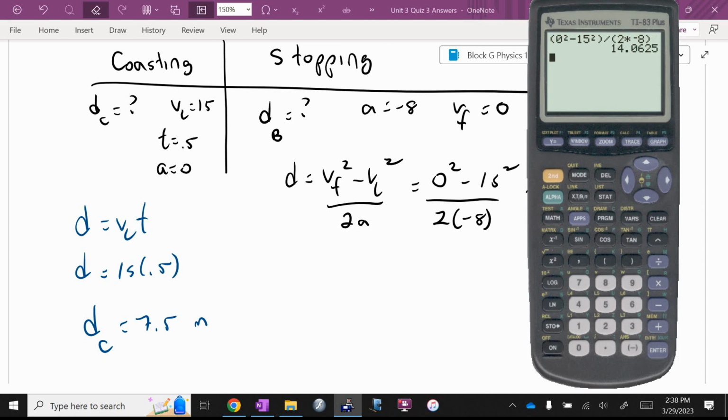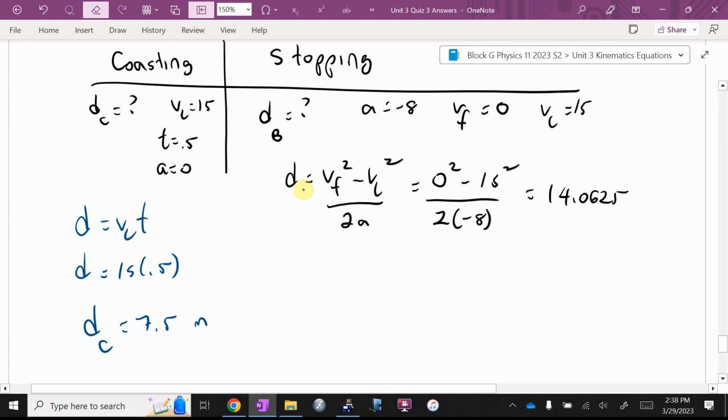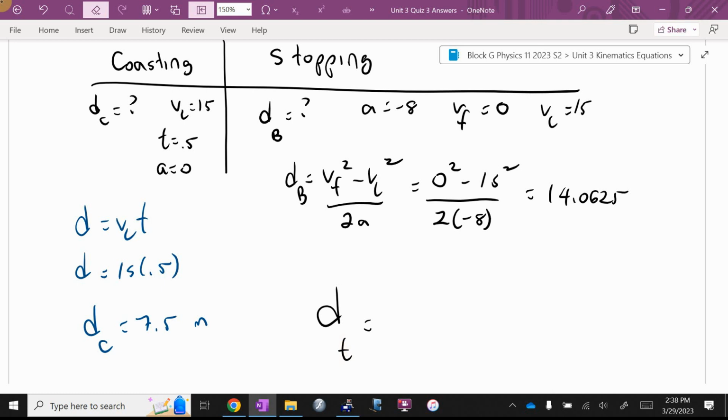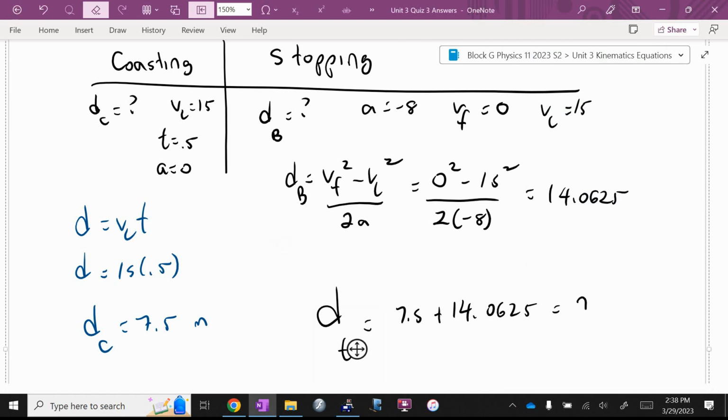No. You get 14.06 and change? Not my final answer, so I won't round off yet. This is the distance while braking. Final answer, D total. What am I going to do, Annie? Good. So plus 7.5, 21.6.